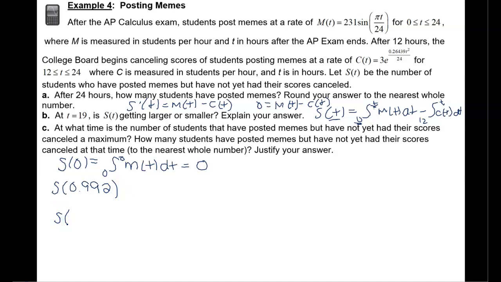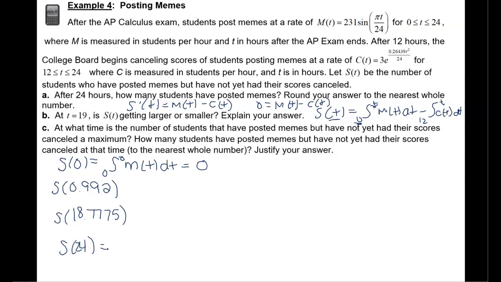And then I'm going to investigate the other point of intersection at 18.7775. And then I have to do a final investigation at 24, so that's when both my integrals end.